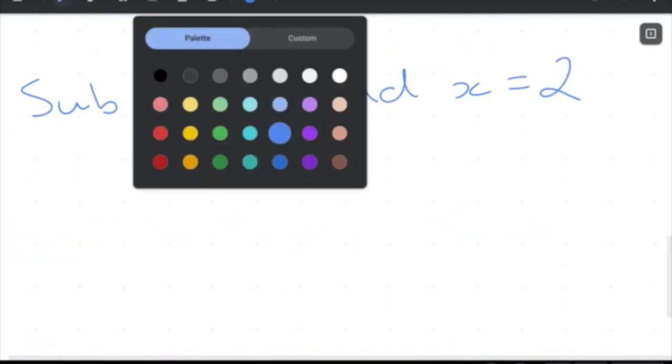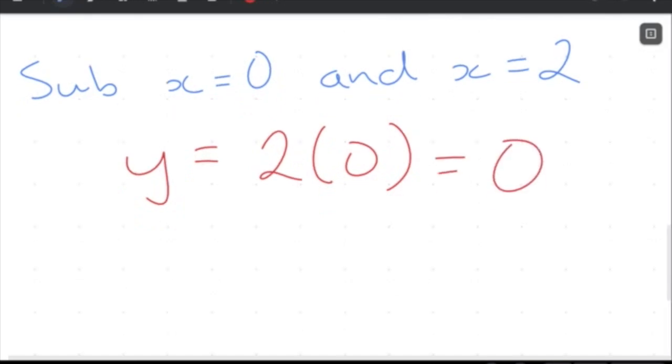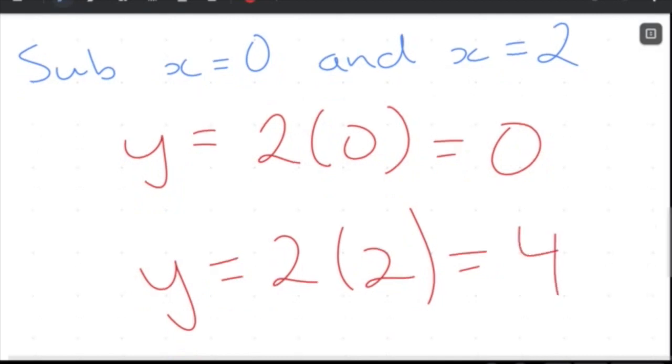So I'm going to get y equals 2 times 0, subbing this point in first, which just gives me 0. And my other one, I'm subbing in 2 here, so y equals 4.